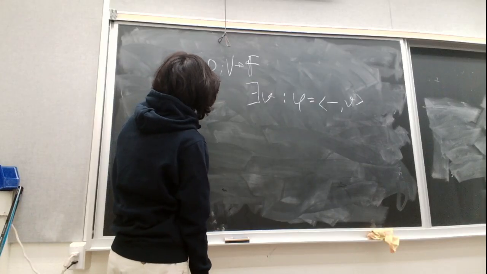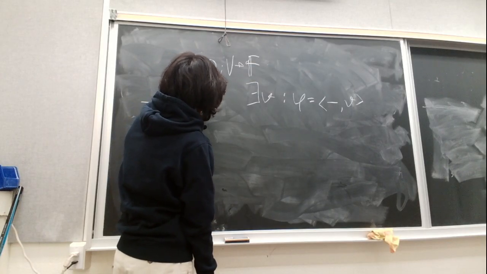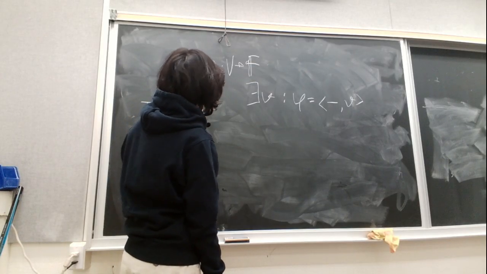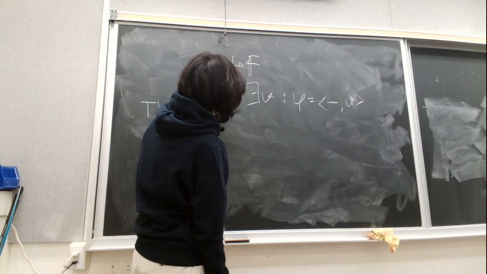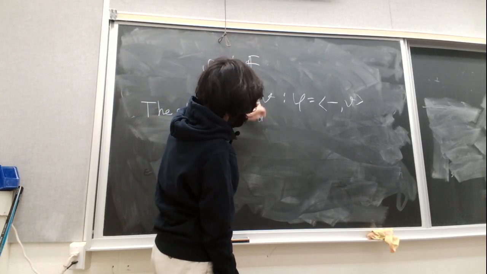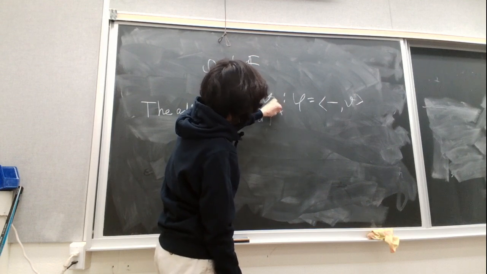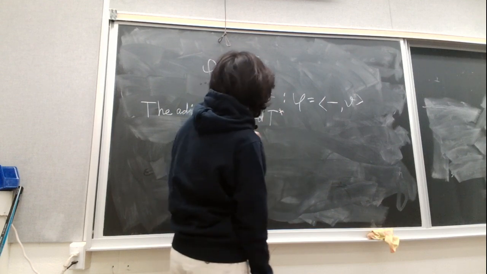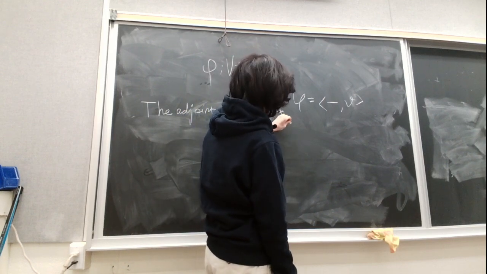Here, if I have an inner product space, so I have an inner product defined already, that uniquely determines this isomorphism between V and V dual. Given an inner product, there's a natural isomorphism between V and V dual.